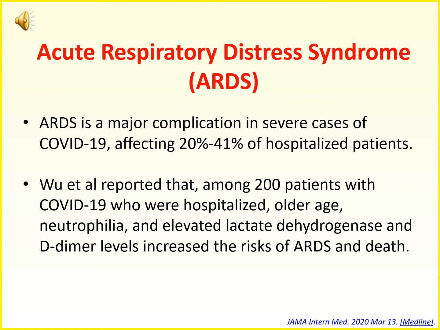Acute respiratory distress syndrome is a major complication in severe cases of COVID-19, affecting about 20 to 41% of hospitalized patients. Among 200 hospitalized patients with COVID-19, older age, neutrophilia, and elevated lactic dehydrogenase and D-dimer levels increased the risk of ARDS and death.